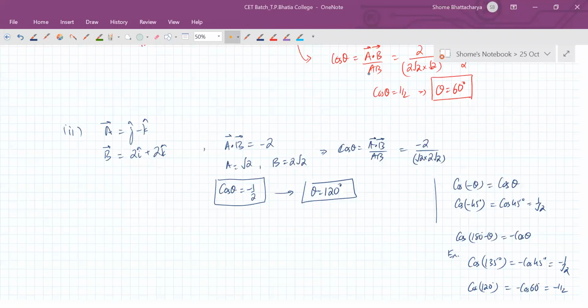You should not mix up between 45 and 60. Okay, so hope this part is clear to all of you.